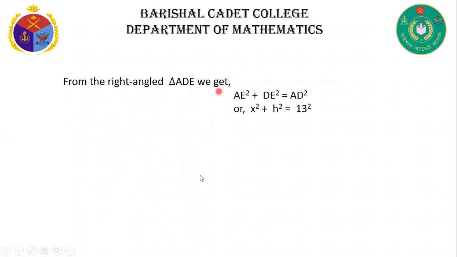Now from triangle ADE, this is a right angle triangle. We know from Pythagoras, hypotenuse square is equal to base square plus height square.